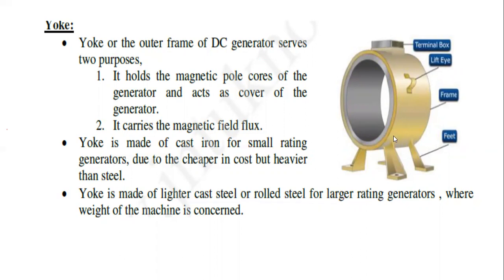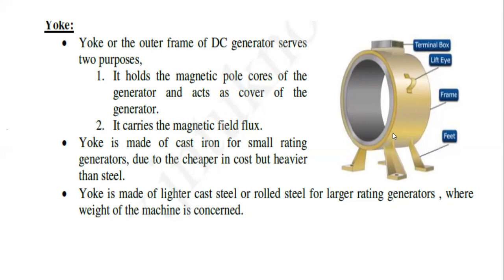It gives protection for all the inner parts of the machine, it is used for support of the poles, and it holds the pole core of the generator, which creates the magnetic field.